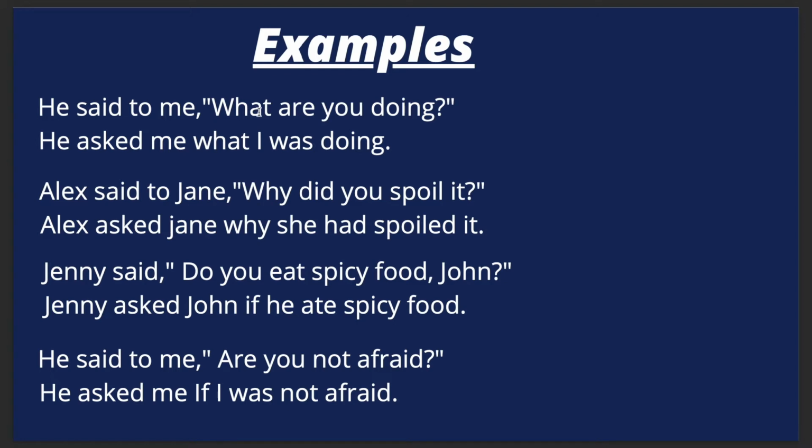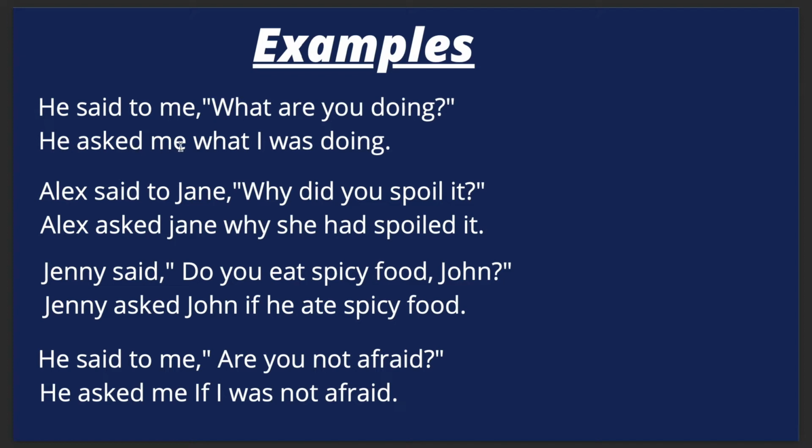Now let us consider the example. Said to: earlier, in assertive sentences, we changed this said to into told. But here, since it is a question, we have to use the word asked. So he asked me. The reporting verb is changed to asked, the first change.